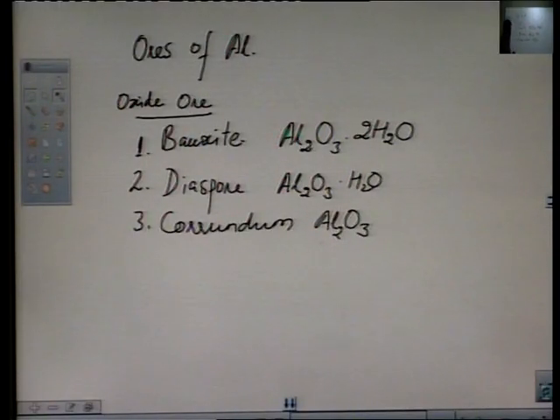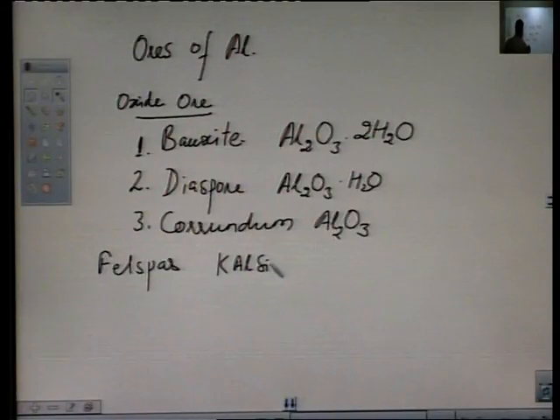The next ore of aluminium is feldspar, which is a silicate ore. Another ore of aluminium is alunite, which contains potassium sulphate, aluminium sulphate and aluminium hydroxide. The sulphate ore of aluminium is alunite.